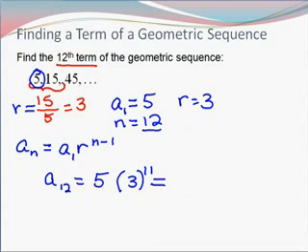And if you put that into your calculator, you should get 735. So that is the 12th term in the geometric sequence beginning with 5, 15, and 45.